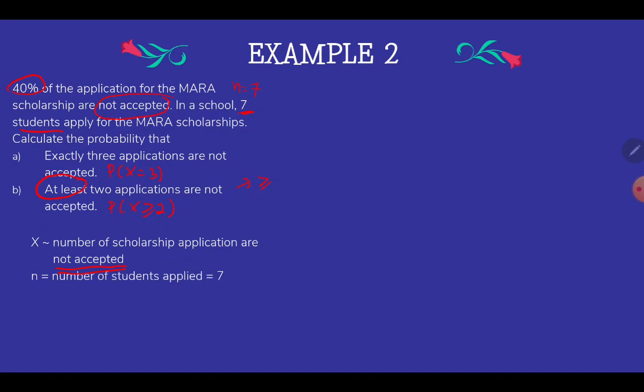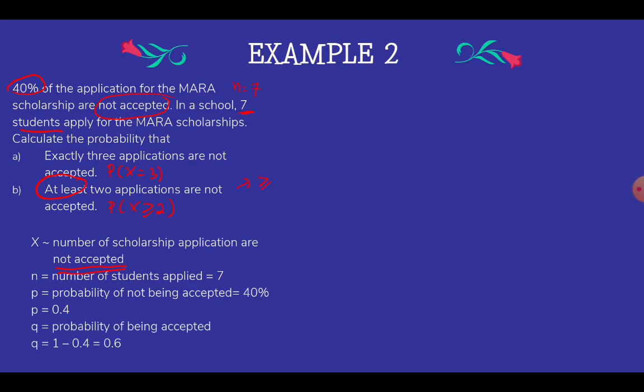Our n is 7, the number of students who applied, and p is the probability of not being accepted, 40%, which is 0.4, and q is the probability of being accepted, so q equals 0.6. So let's look at A. This is a binomial distribution, in which n is 7 and p is 0.4.